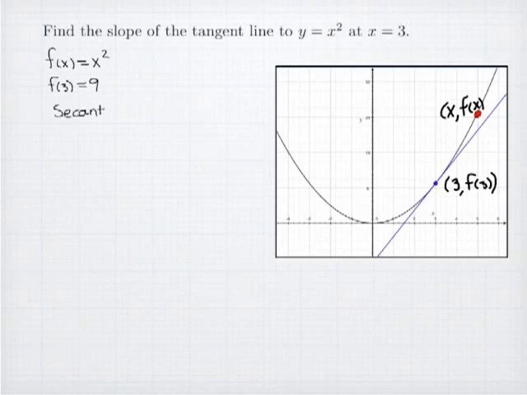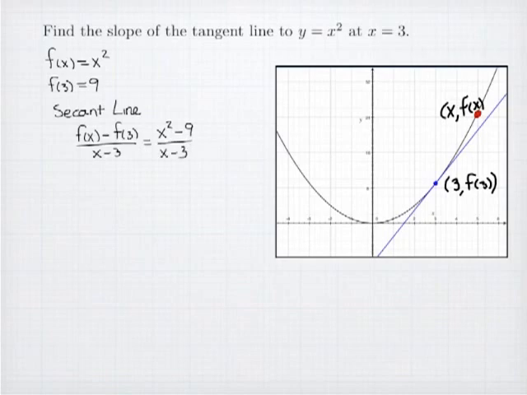The secant line has a slope f of x minus f of 3 over x minus 3. Using the formula that we have, that's x squared minus 9 all over x minus 3. This would correspond to the slope of a secant line, which I attempt to draw in red.